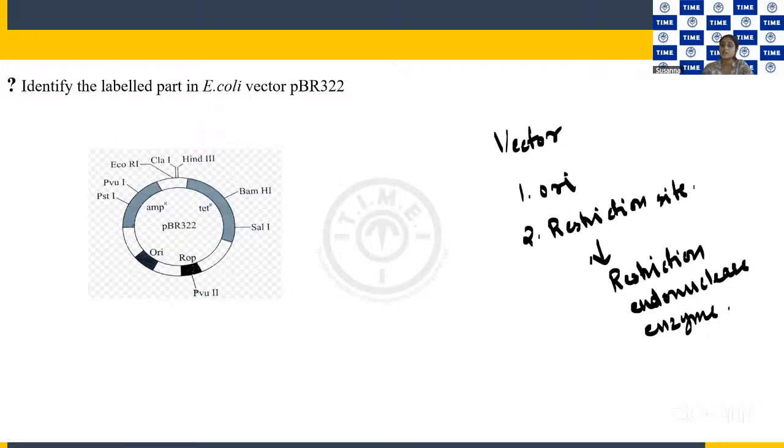Then at this restriction site, the restriction endonuclease enzymes act, they make a cut. So you need to understand what the function of restriction endonuclease is. They are called molecular scissors. That is, they go at specific restriction sites on the DNA, make cut, and we have different types of restriction endonuclease enzymes. So they can make different types of cuts. While you make cuts, you have different ends coming out. So it can be either a sticky end or blunt end. Okay, and different restriction enzymes make different kinds of ends.